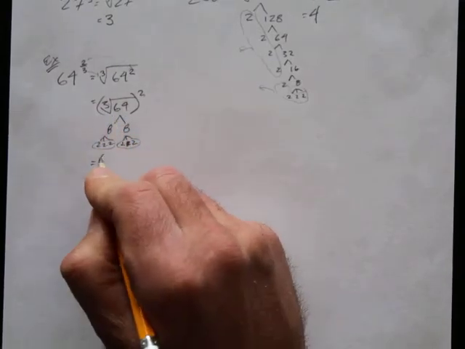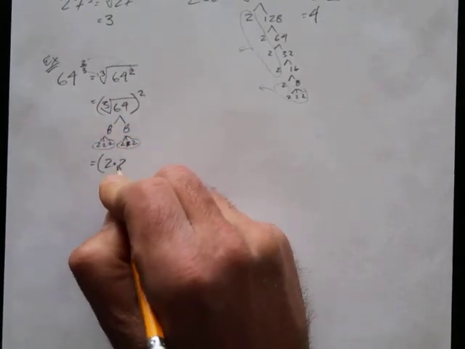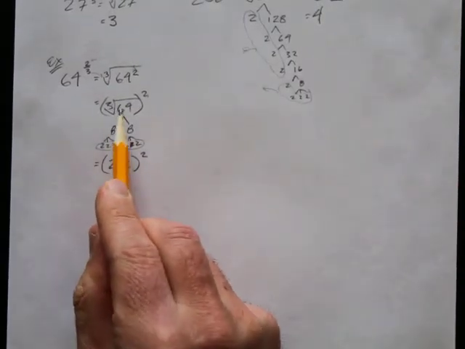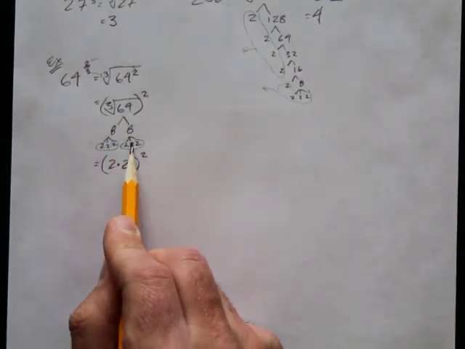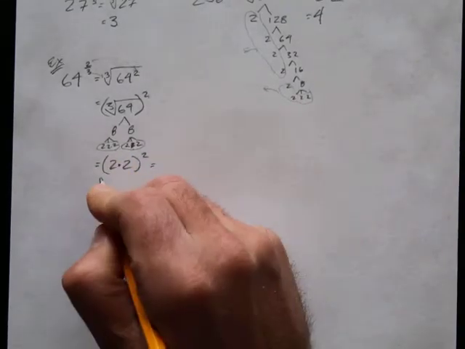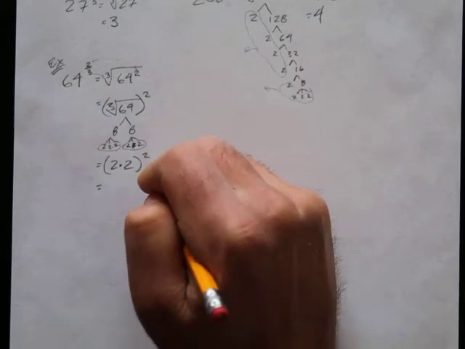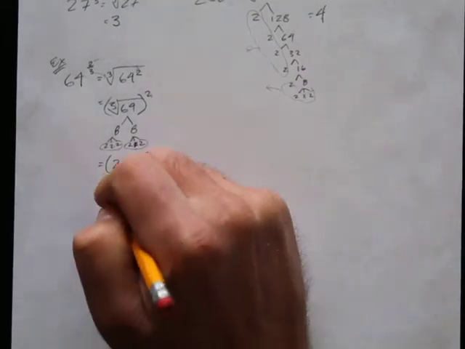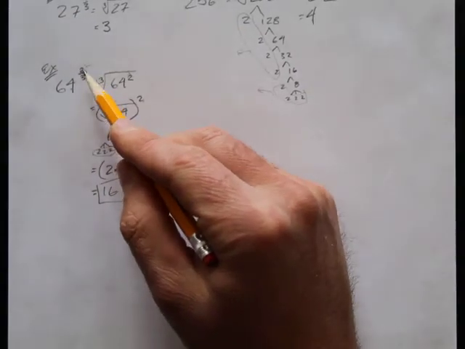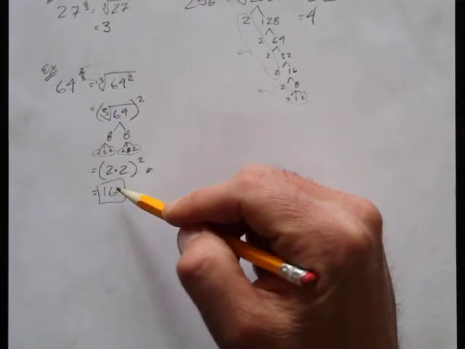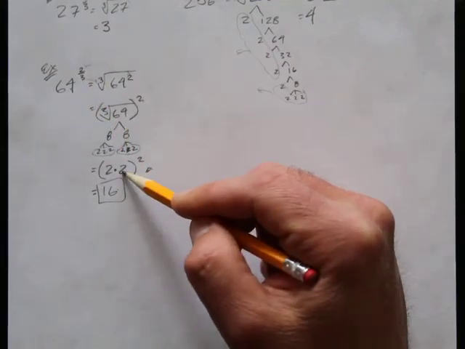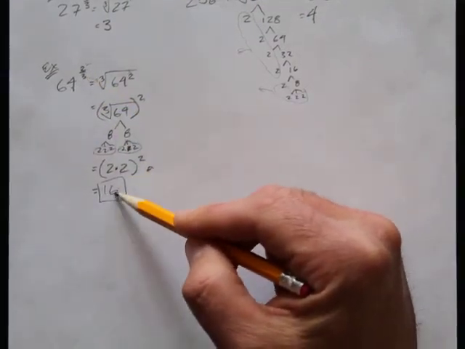So the cubed root of 64 is 2 times 2, which is 4. I should put it down here to be most mathematically correct: 4 squared is 16. So 64 to the power of 2/3 is 16. The cubed root of 64 is 4, and then I square that 4 to get 16.